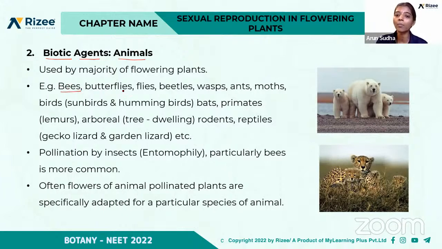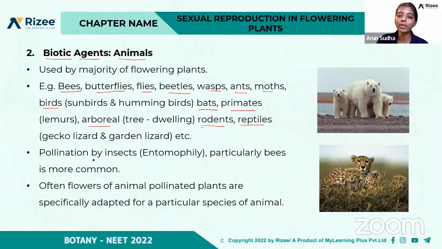Bees, butterflies, flies, beetles, wasps, ants, moths, and some birds, that is sunbirds and hummingbirds, bats, primates, then arboreals, that is tree-living rodents, then reptiles like gecko lizard and garden lizard, etc. They all act as pollinating agents.